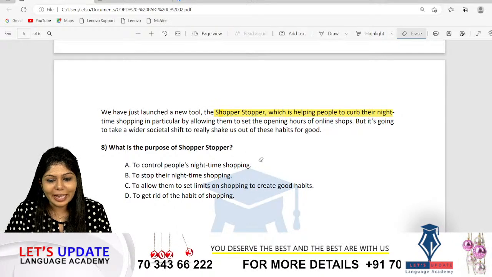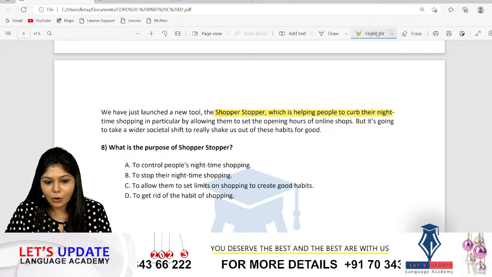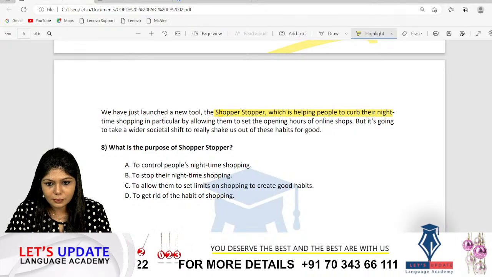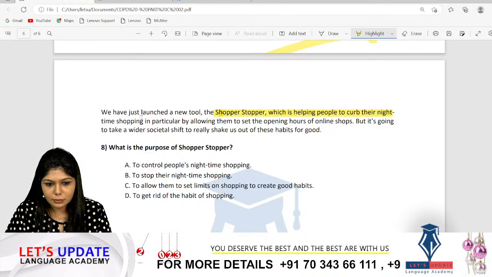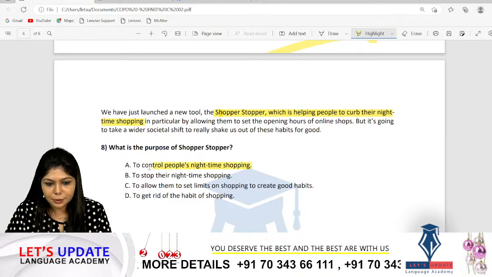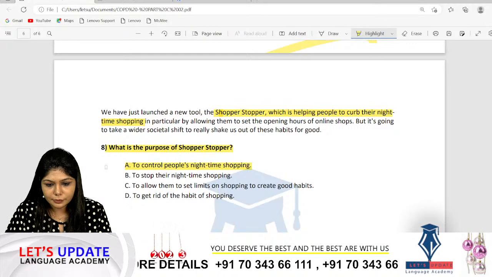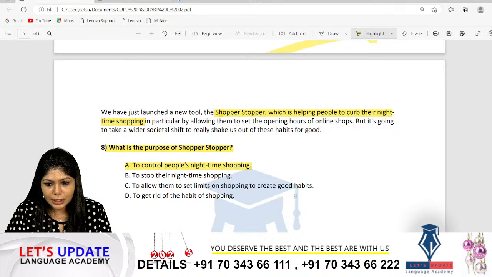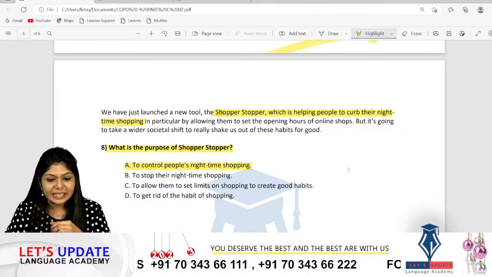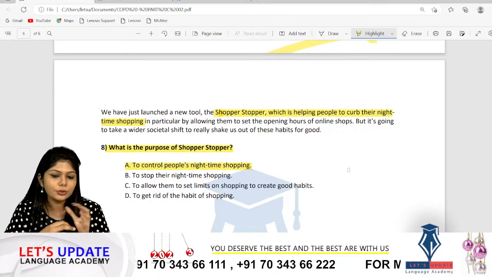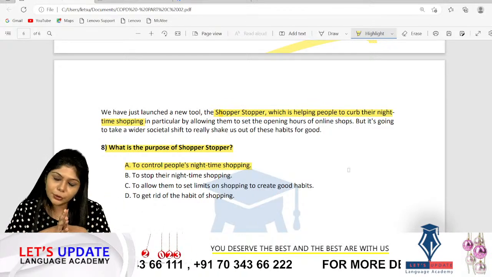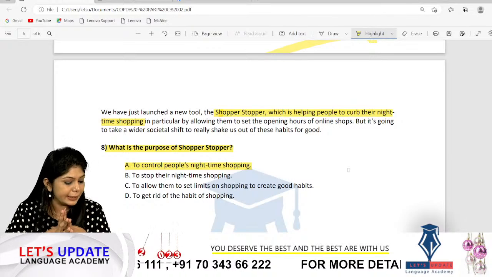So your answer would be option A, and not B. Okay. So they are asking about the meaning of the term only. So you need not go to the description of the term.